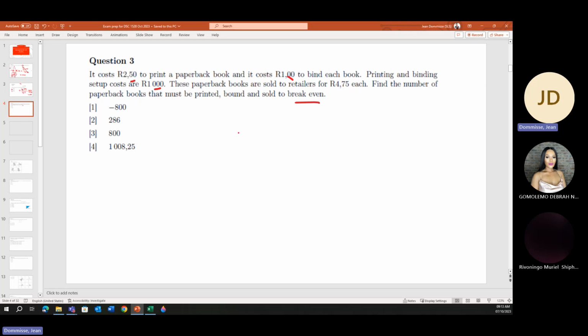So I'm already putting down what my total cost will be: a fixed cost of 1,000 plus 2 variable costs, one to print and one to bind.